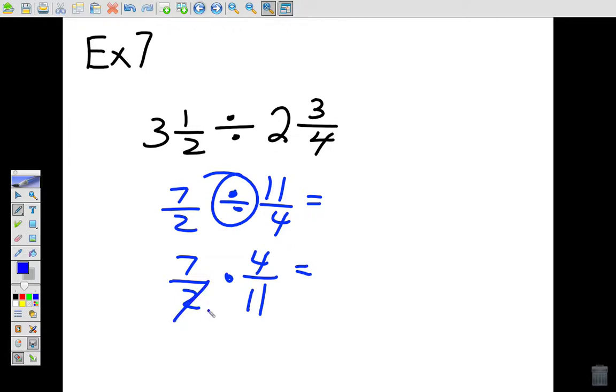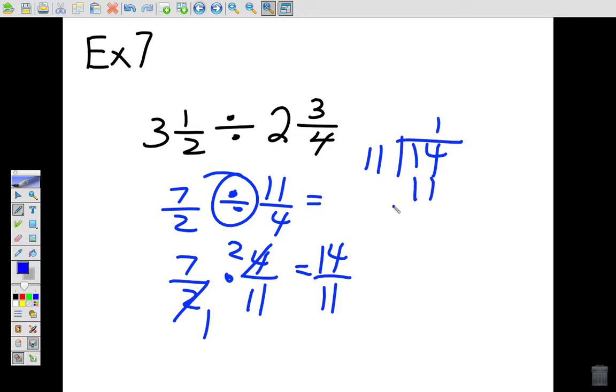I can now cross-cancel since it's multiplication, and I get 14/11. Now change it back to a mixed number, top divided by bottom. So 1 and 3/11. I'm just checking my calculation here to make sure that is correct. So it looks like we're okay with that.